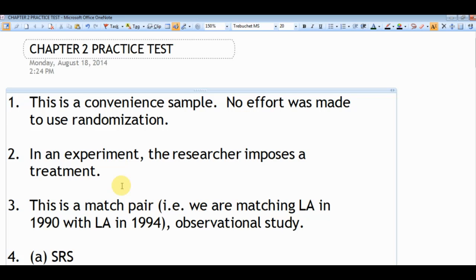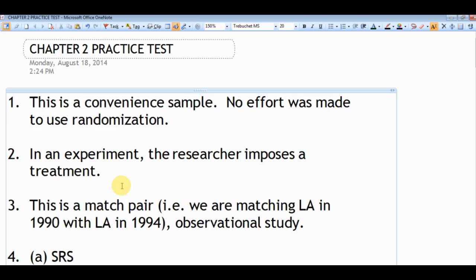Those are both random samples, but they're not simple random samples. So simple random sample is a special kind of random sample. On the test, are you going to ask us to know how to do it on our calculator so that we have random numbers? That is a possibility.